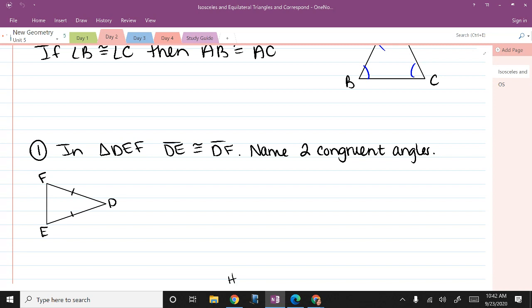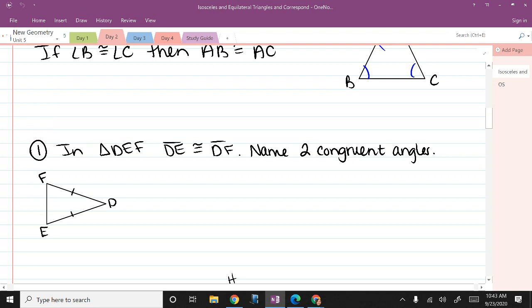All right, here's an example. In triangle DEF, side DE is congruent to side DF. Now, y'all don't have to write this down, but I need y'all paying attention. Name two congruent angles. So they gave me two sides that are congruent to each other, and they're marked. So what angles are congruent? Well, how many letters do you need to name an angle?